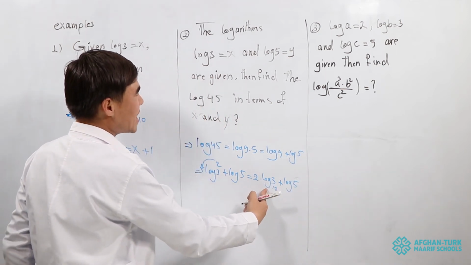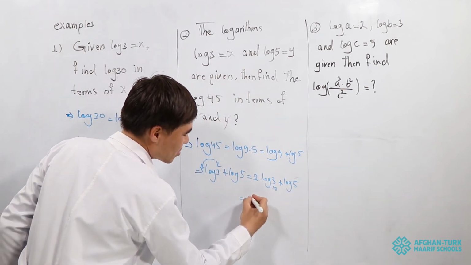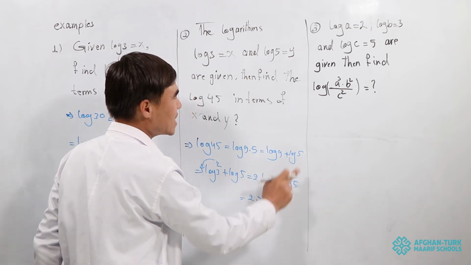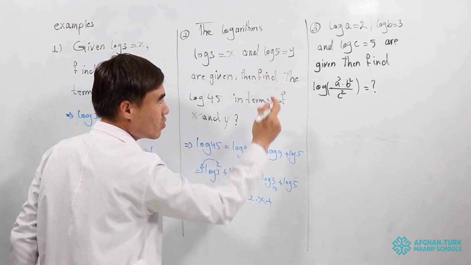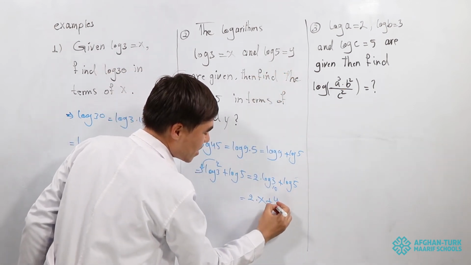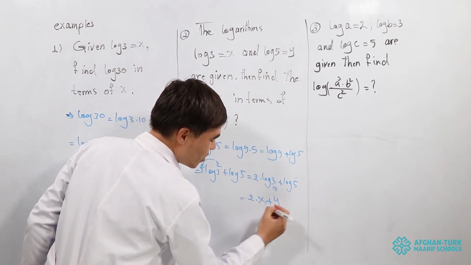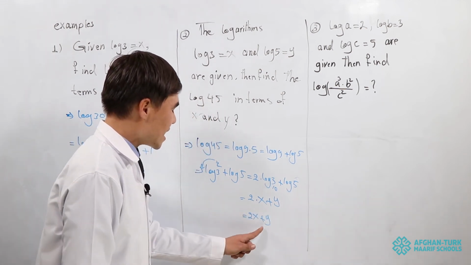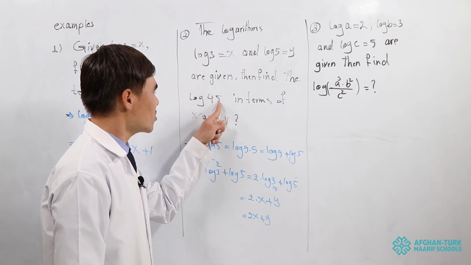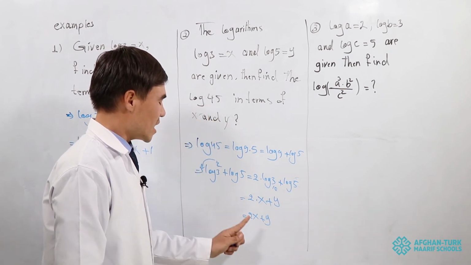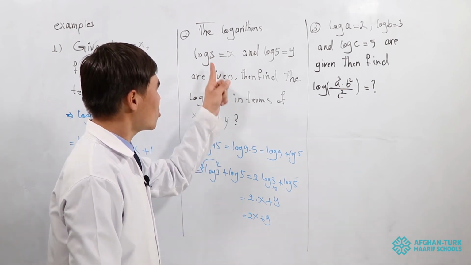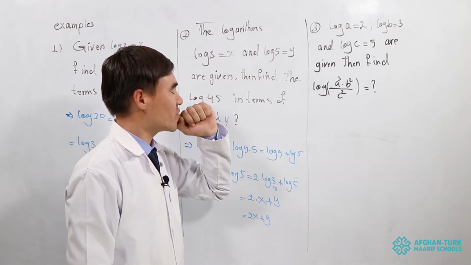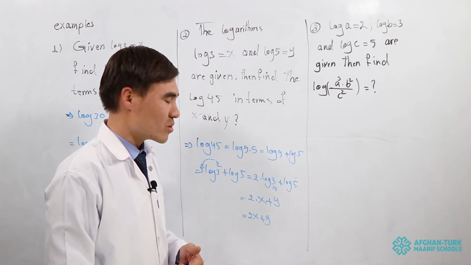Here, log of 3 to base 10 is equal with the number x. 2 times x plus log of 5 to base 10 is equal with the number y. And now we substitute this one. 2x plus y. The term 2 times x plus y is the answer of the log of 45 to base 10, according to log of 3 to base 10 equal with the number x, and the log of 5 to base 10 equal with the number y.